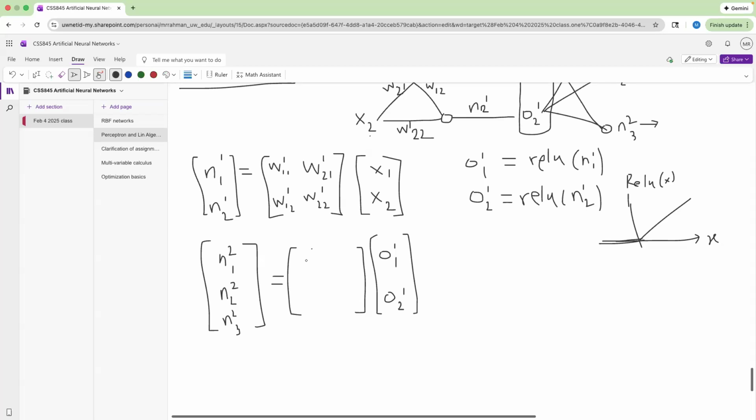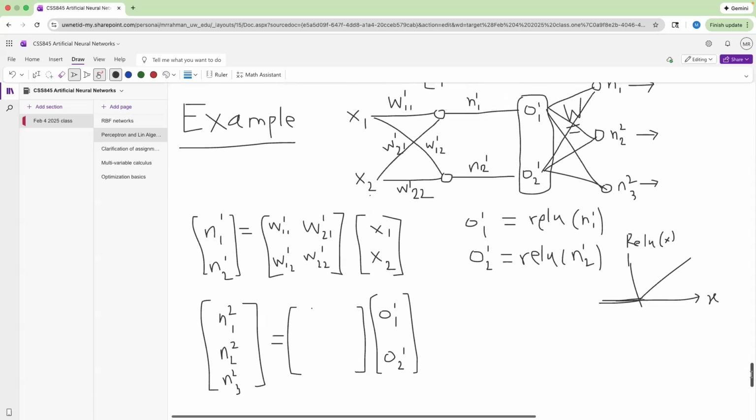What would be the dimension of this matrix here in the second layer? 3 by 2. Sorry? 3 by 2. 3 by 2, that is correct, right? Because this is 2 by 1, and the output is 3 by 1. Exactly.